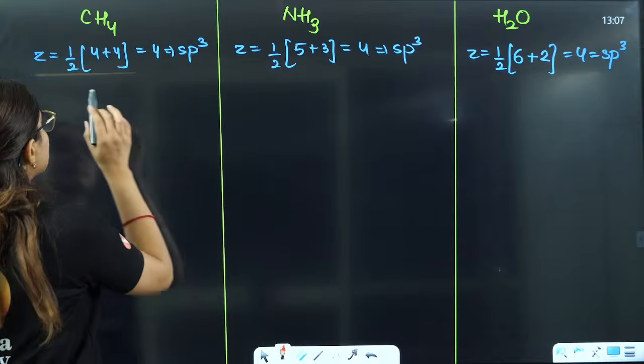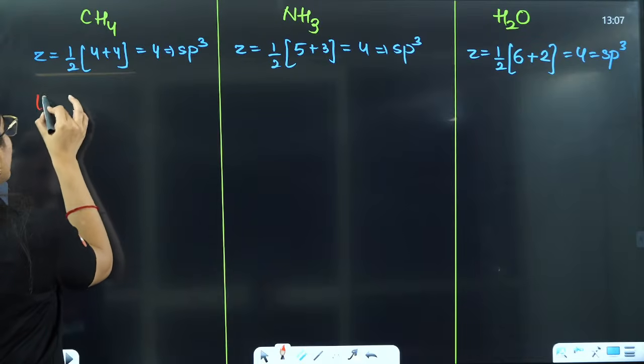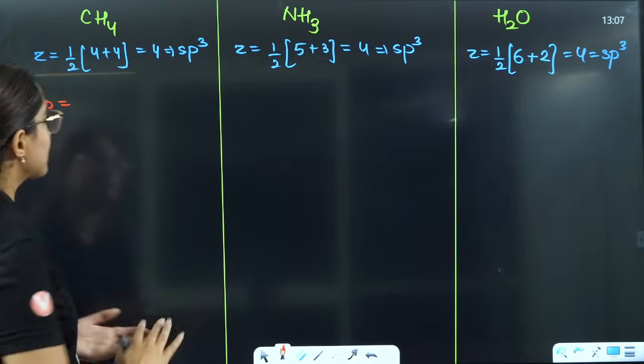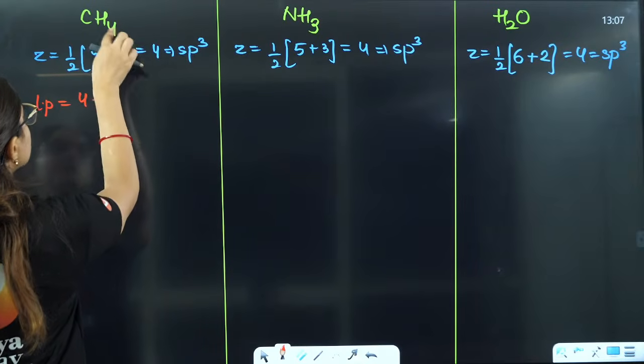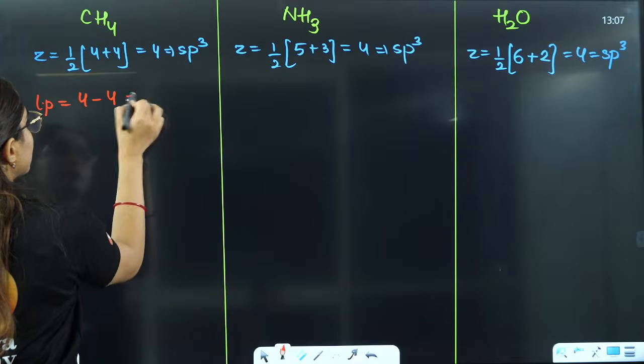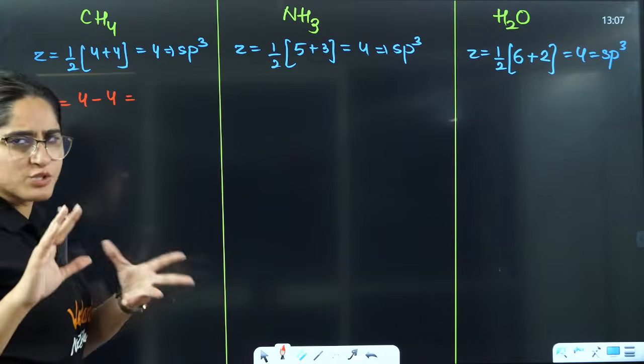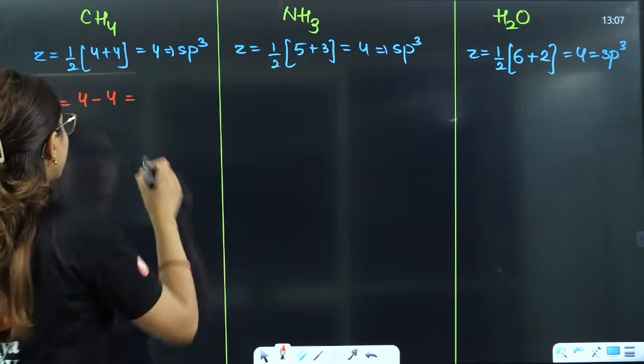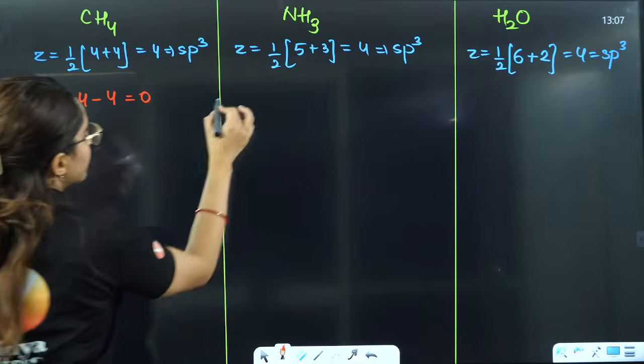Now let's see the lone pair calculation. Carbon has 4 valence electrons, out of which it is forming 4 bonds, so 4 minus 4, 0 lone pairs.